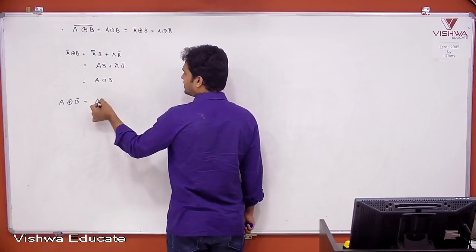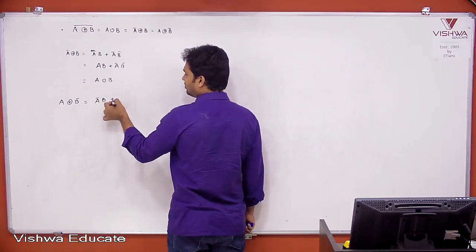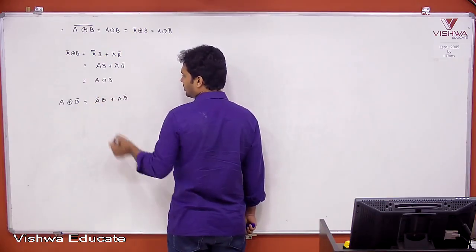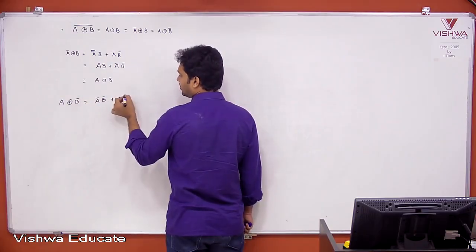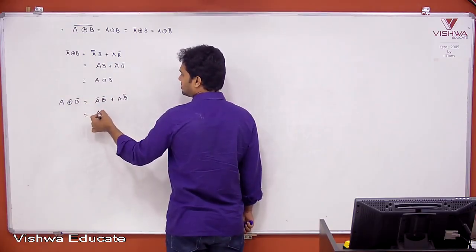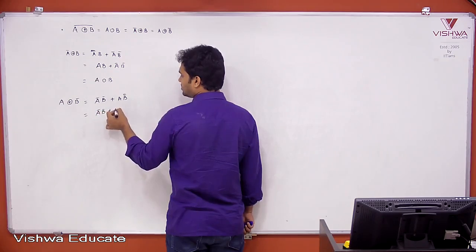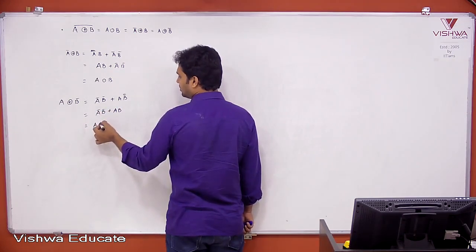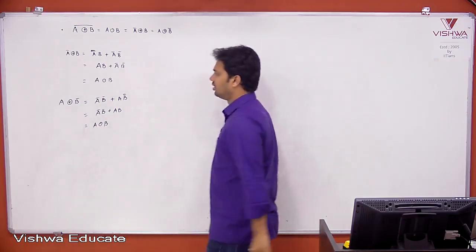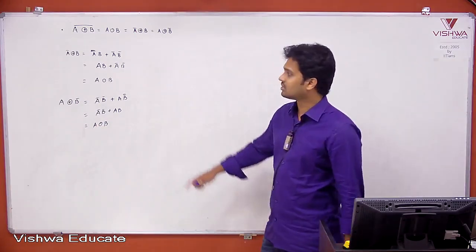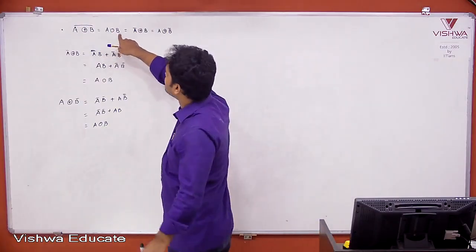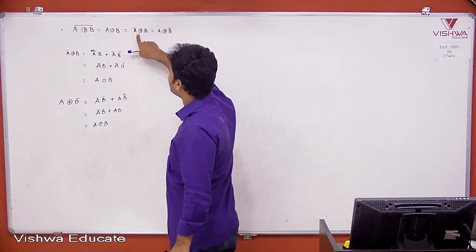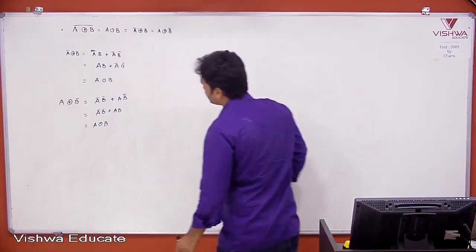Again, A XOR B is A bar B plus A B bar. Replace B with B bar. Then what is the answer? A bar B bar plus A B, which is A XNOR B. Right. So it is clear: A XOR B whole bar is A XNOR B, which is A bar XOR B, which is equal to A XOR B bar.